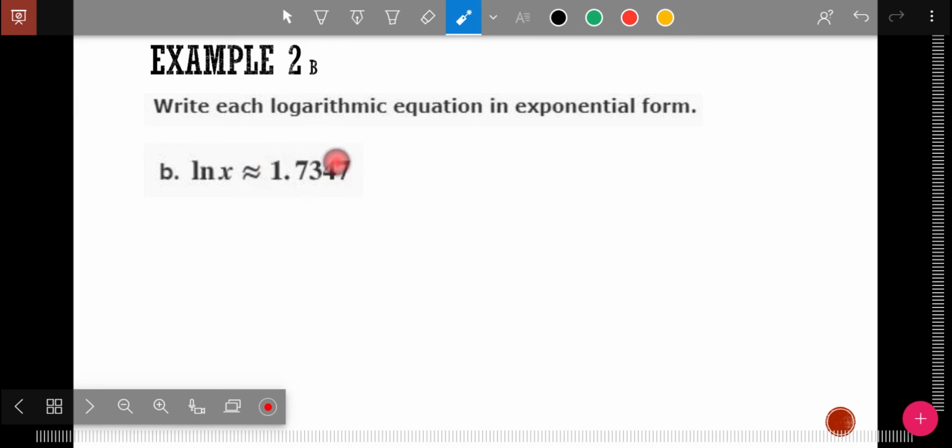Remember, rounding is bad the more advanced you get in math. So we warn people that we rounded. And so this would be e to the power of 1.7347 equals x. And actually, I should probably have used that same symbol, the equivalent or about symbol.